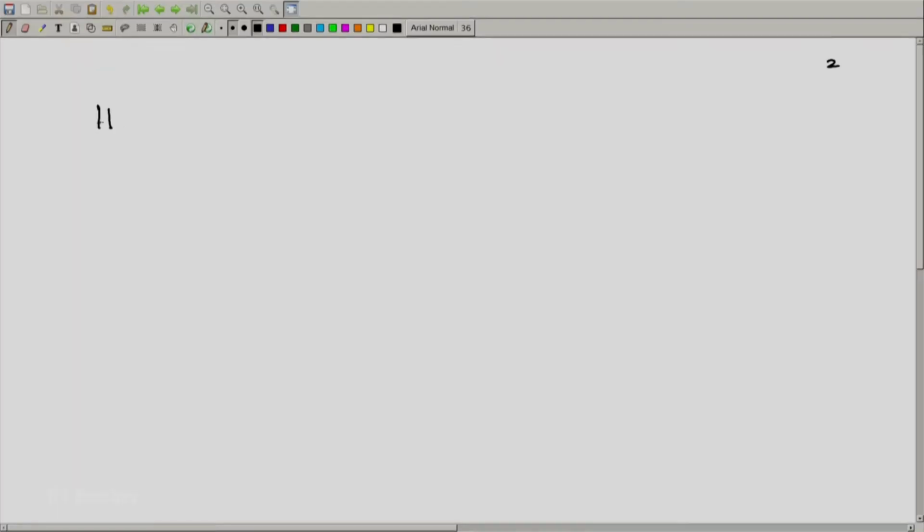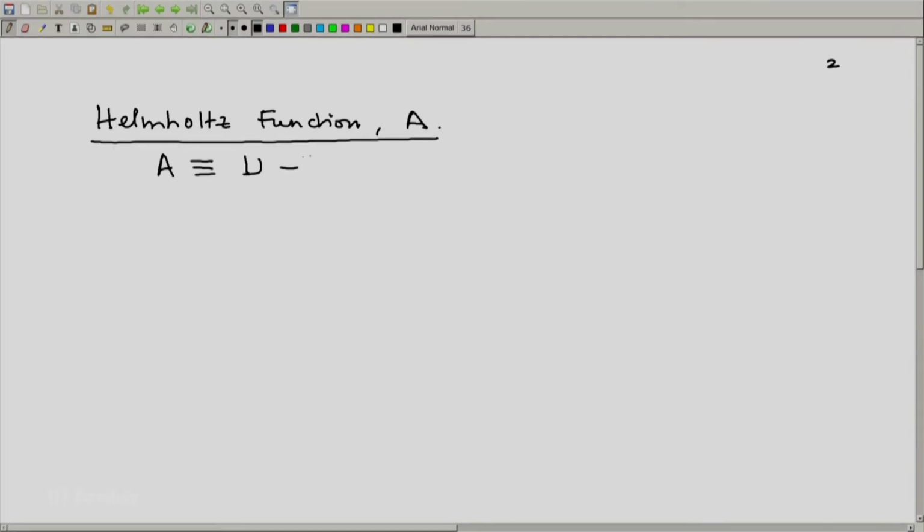Let us first look at the Helmholtz function. We have the definition of A, which is U minus TS. Expanding this, we will get dA equal to dU minus TdS minus SdT.